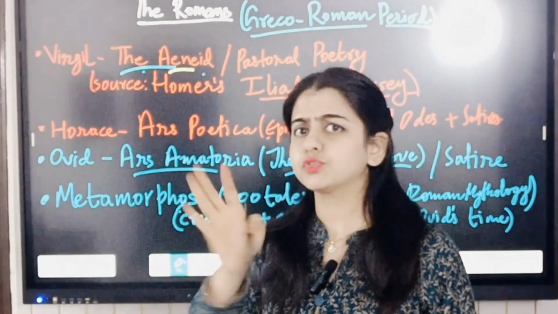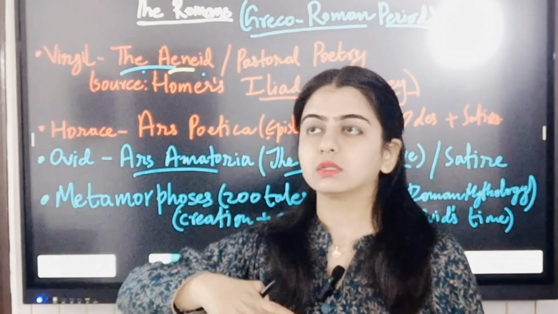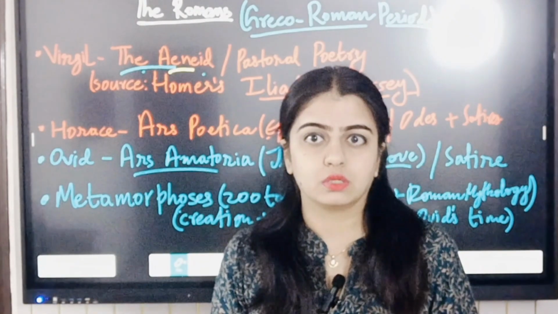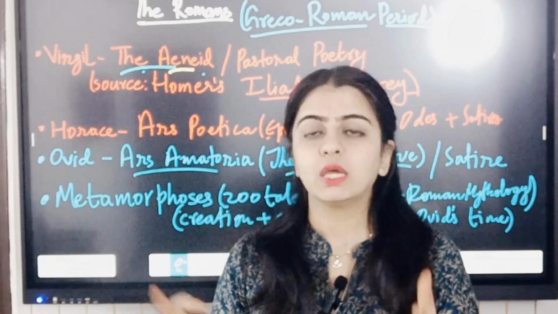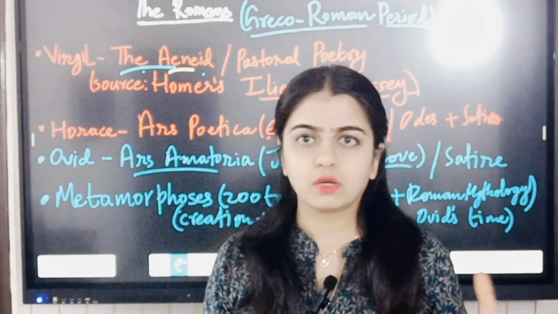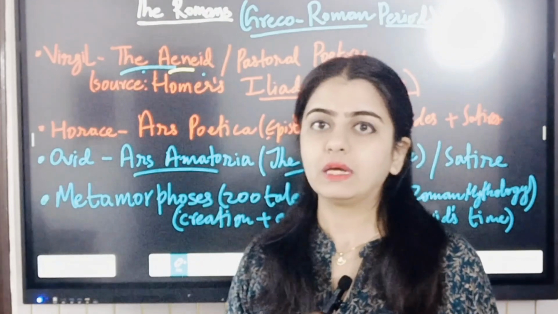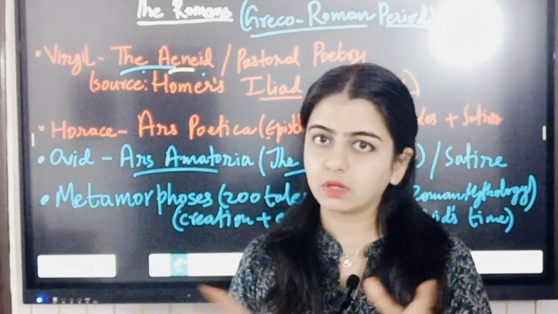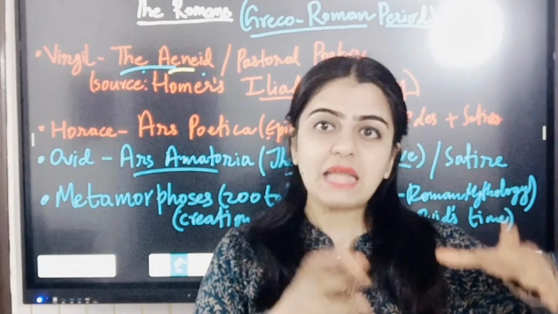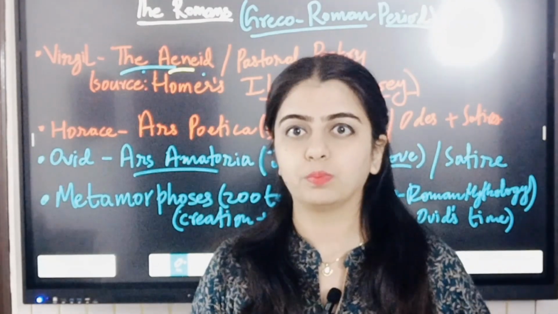The Trojan War has ended, and when the Aeneid starts, there is the protagonist Aeneas, who takes refuge in different parts of the world, and he roams around here and there because he is a war survivor and a refugee. Subsequently he lands up in an area which is present-day Rome.